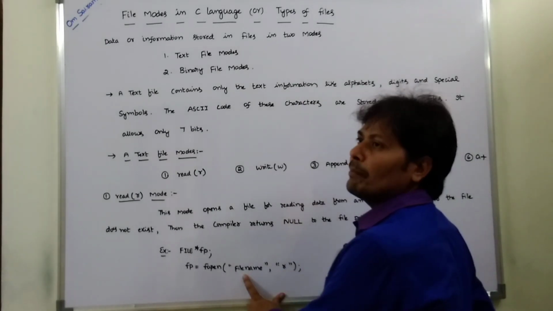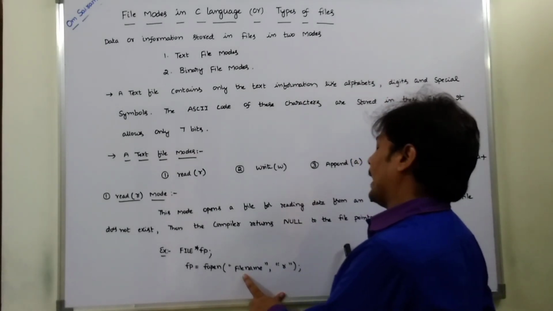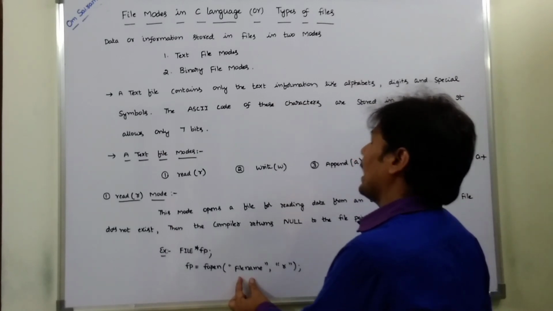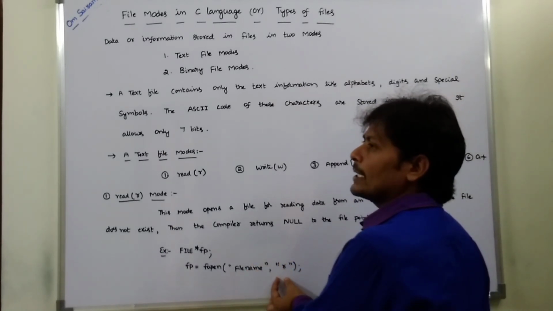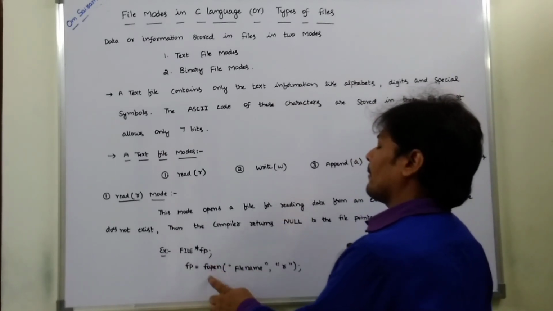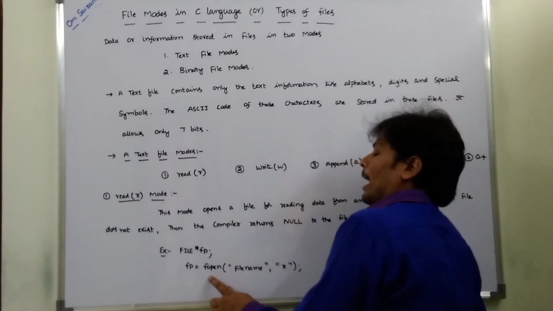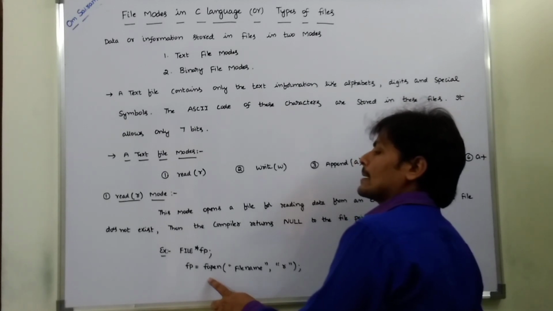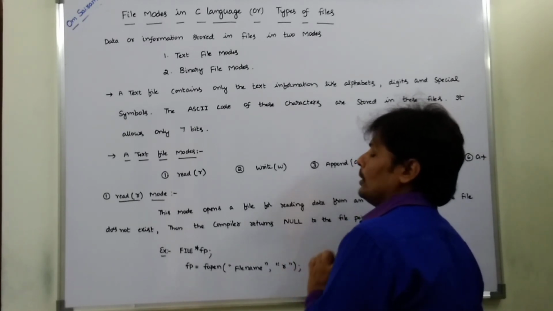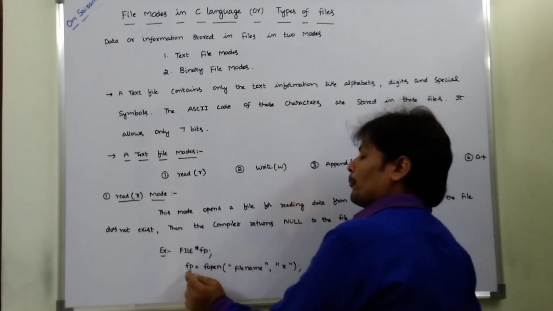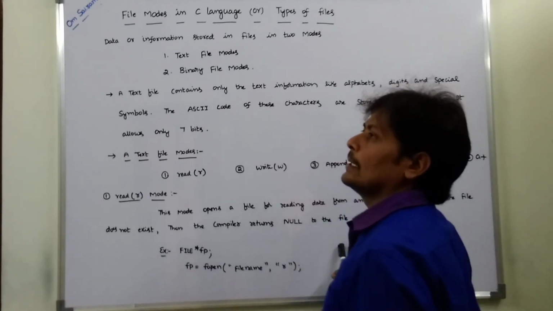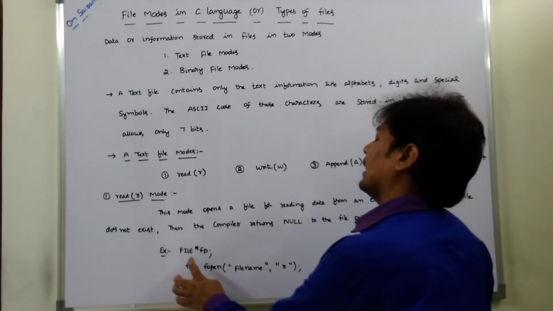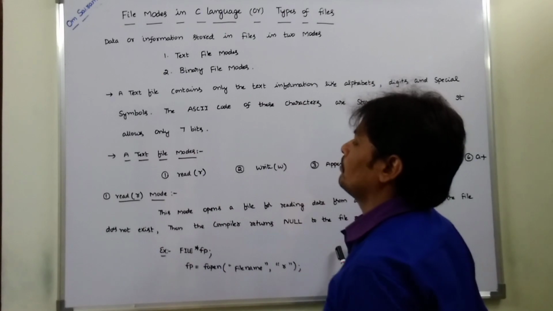Here file name is the actual file name from which we have to read the data. The fopen function is used for opening the existing file in R mode. fp is the file pointer, of the data type FILE.